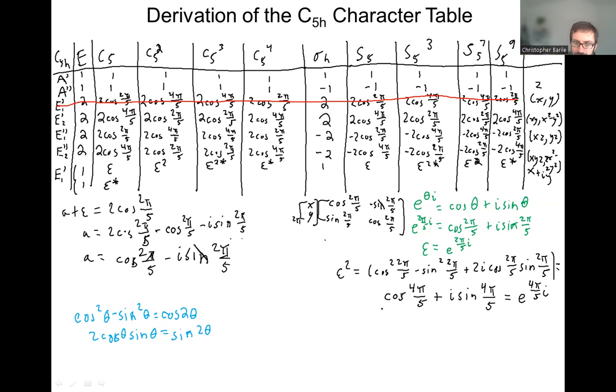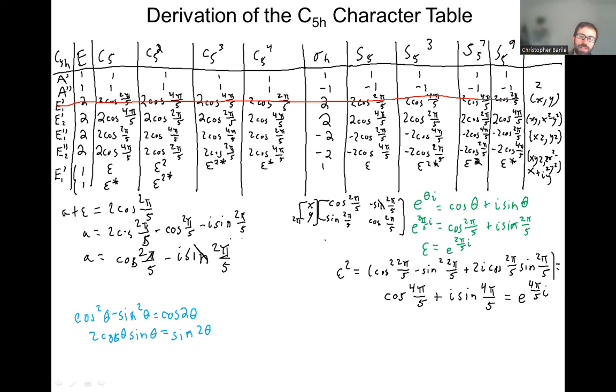It's going to be a very analogous type of thing, but it's going to be now the complex conjugate of epsilon squared. Okay, and then if we think about doing that, subtracting off, we're going to get 1 cosine 4 pi over 5 minus i sine 4 pi over 5. Same thing as epsilon squared, except the i part is negative.